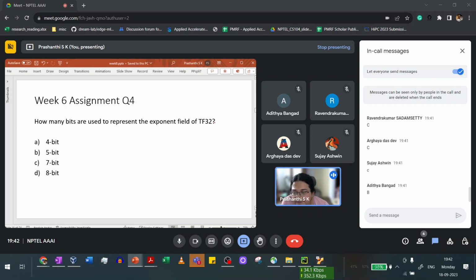How many bits are used to represent the exponent field of TF32? Okay, D, 8 bit.